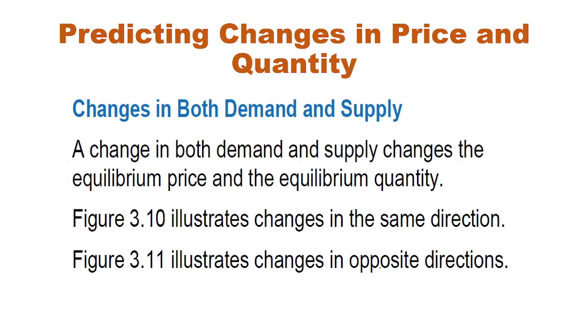Until this moment, we spoke about just supply or demand, but in the final scenario, we want to discuss together when a change takes place in both demand and supply. A change in both demand and supply changes the equilibrium price and the equilibrium quantity as well.